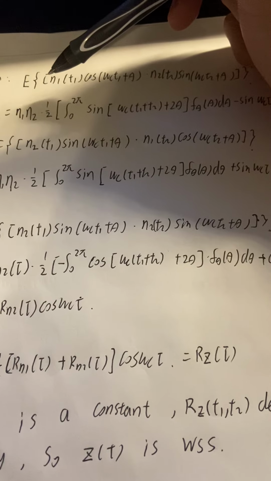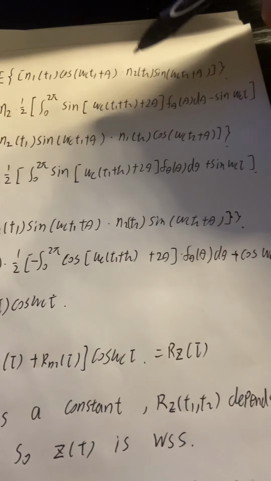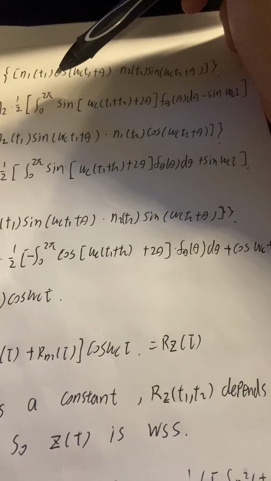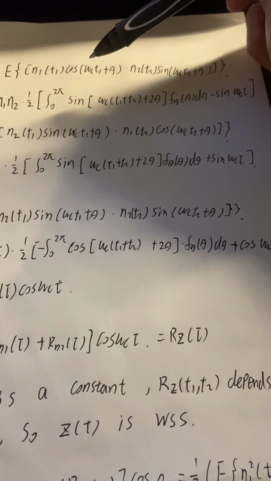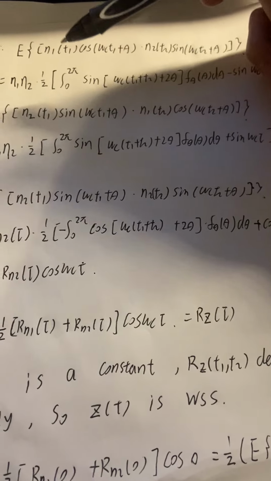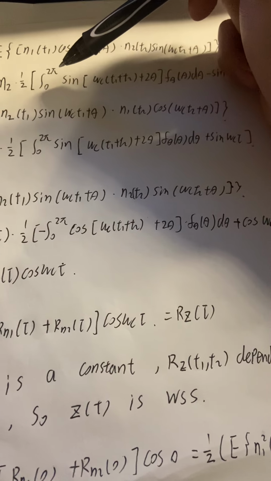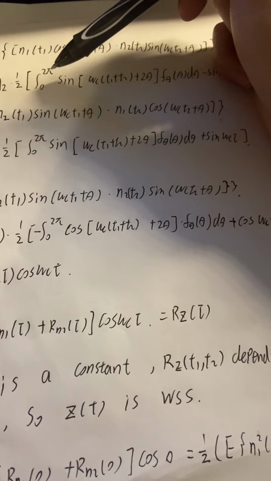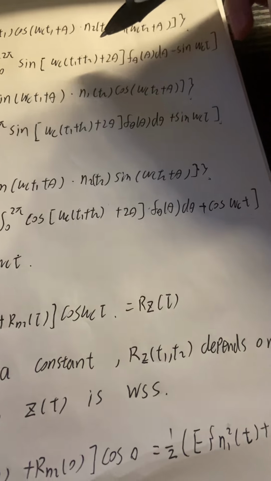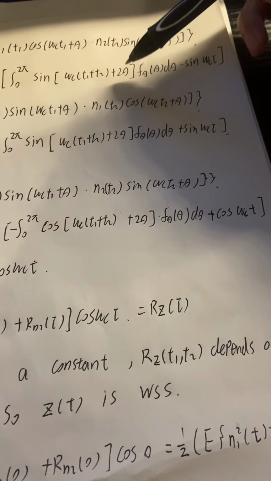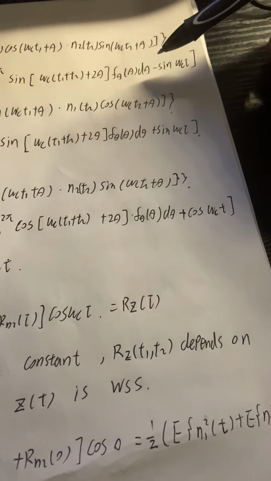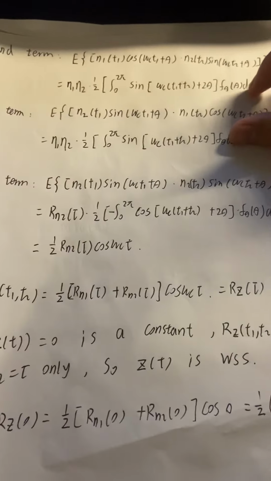We take the expected value of N1(t1) and N2(t2) out, and for the term inside, we use the product-to-sum formula, and it will equal 1/2 times the integral from 0 to 2 pi of sine(omega_c (t1 plus t2) plus 2 theta) times the density function of theta minus sine(omega_c tau).